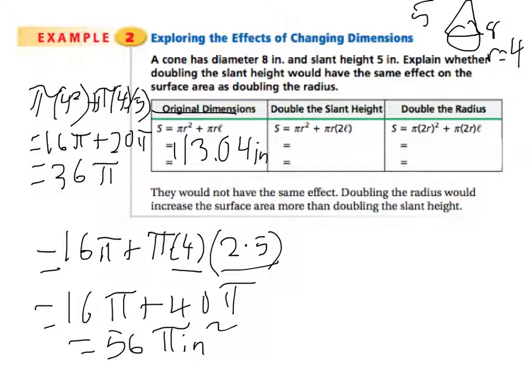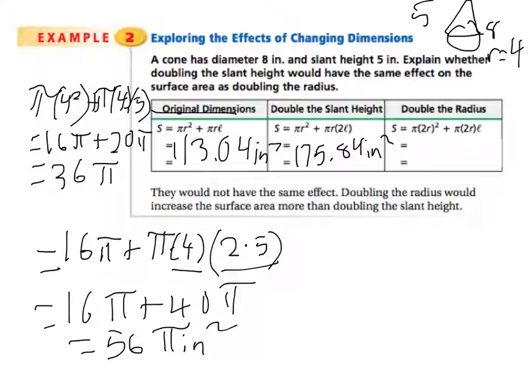This is also inches squared. So 56 times 3.14 is going to get us 175.84 inches squared. So it's not even double, okay?